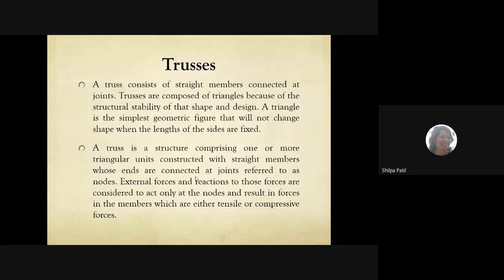Okay. So a truss is actually an assembly of different members connected together at the joints to form a truss. Now there are different shapes of trusses.